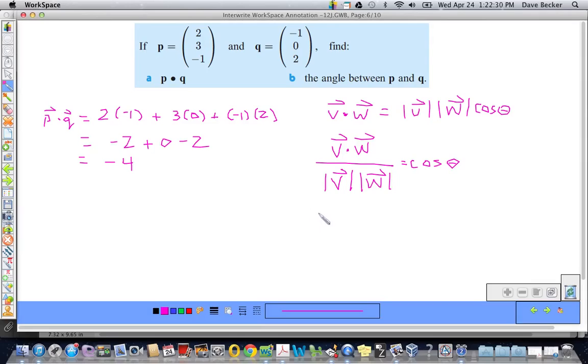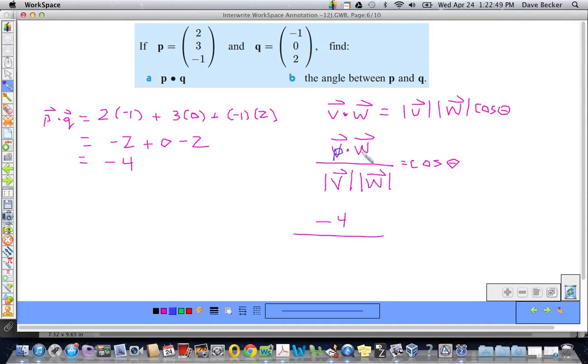So v dot w we already know, that's -4, over the magnitude of v. Well, this is P and Q, so let me change these to P and Q so it doesn't get confusing.